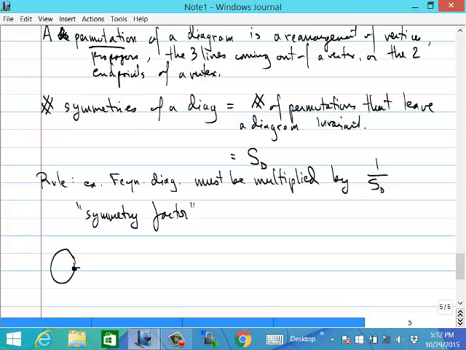So let's take this guy, the barbell diagram. So what are the symmetries? Well, there's one symmetry that interchanges the two lines coming out of that vertex. There's another symmetry that interchanges the two end lines here.